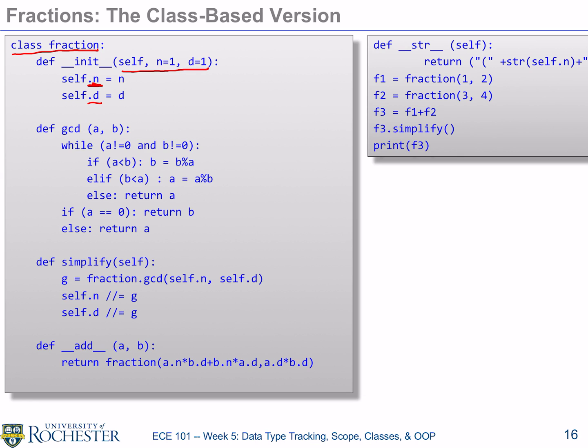We define a function called GCD over here so that we can use it to simplify. And simplify is very similar to the example early on, except now we're operating on the object itself. So we're just doing in-place changes rather than creating a new object, as was the case early on.